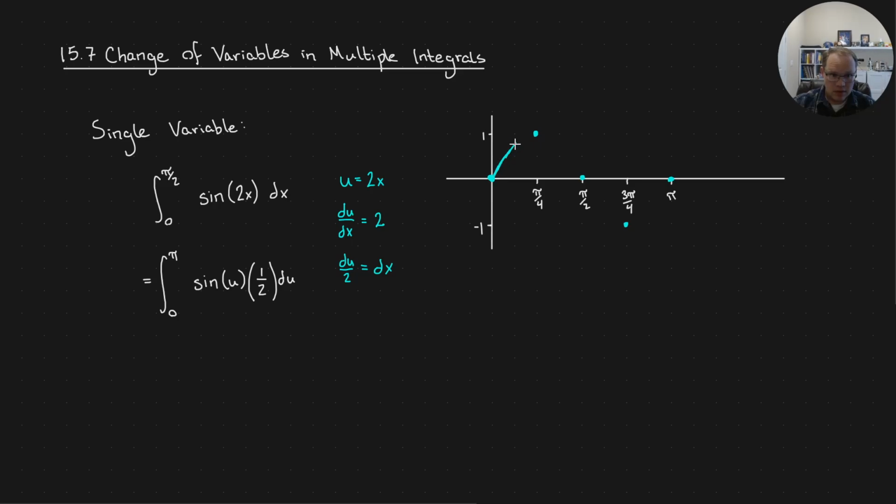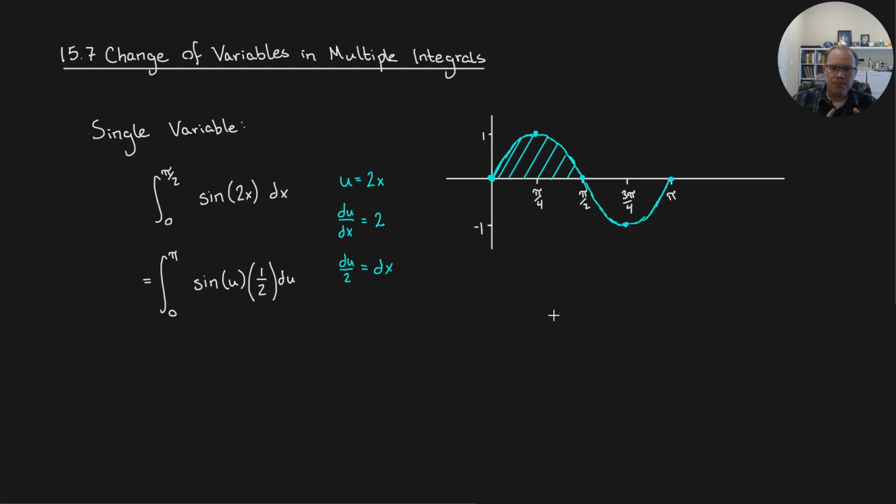And just connect the dots with the usual sine curve. And I'm integrating from 0 to pi over 2, so I'm calculating the area under the curve from here to here. That's the area this integral is calculating.